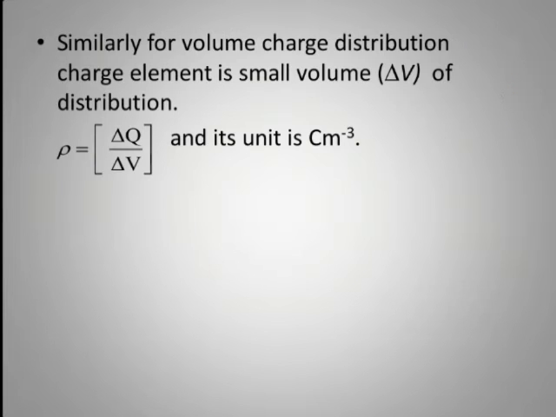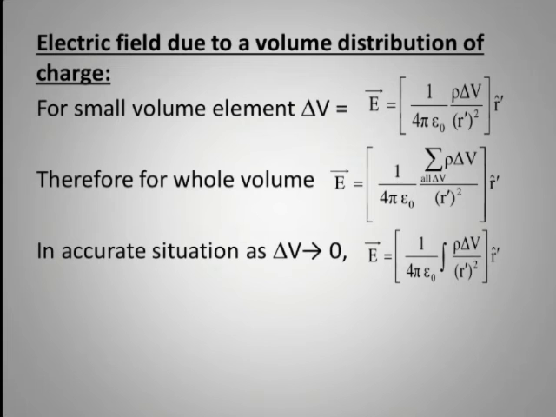If I go back to this formula, you have got rho is equal to Q divided by V. So cross multiply, rho into delta V goes to your left hand side, and you would get Q. So rho into delta V. So E is equal to 1 divided by 4 pi epsilon naught, rho delta V divided by R square.